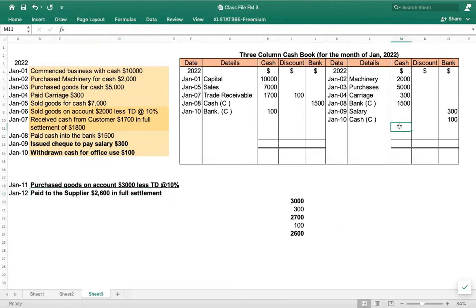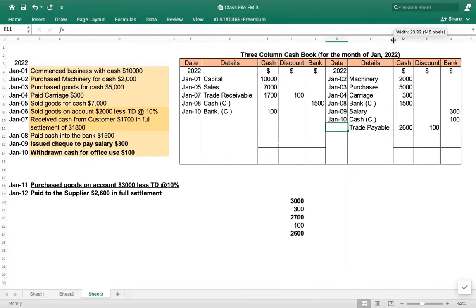So on the credit side I will write in the cash column 2,600 I am paying, and in the discount column 100. And here I will write the name of the other account. That is what? Trade payable, isn't it? Supplier name is not given, so I will use trade payable. Jan 12. Done? Now see balancing, how I am doing the balancing.